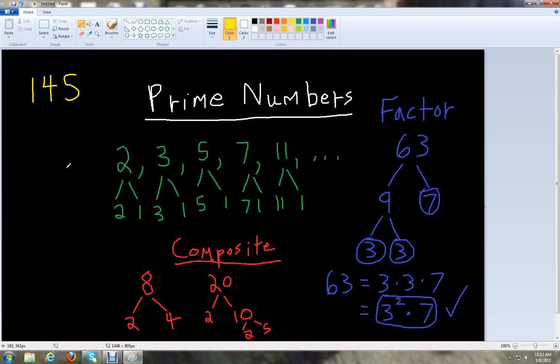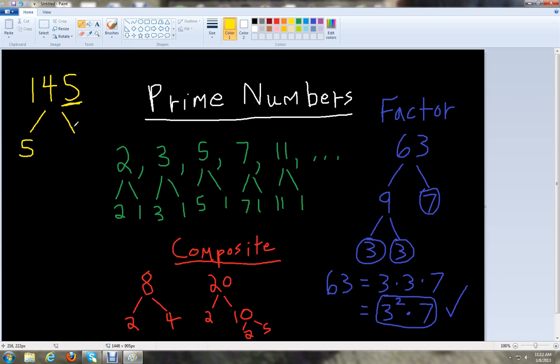So we want to find the prime factorization of 145. Since the last digit here in the ones place is a 5, we know that this number is divisible by 5. So we know that 5 is a factor of 145.